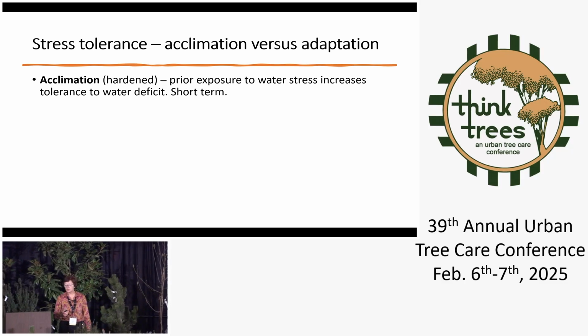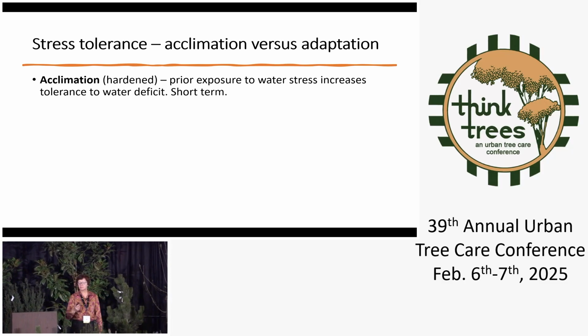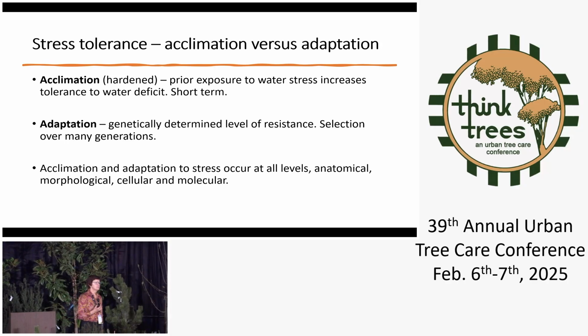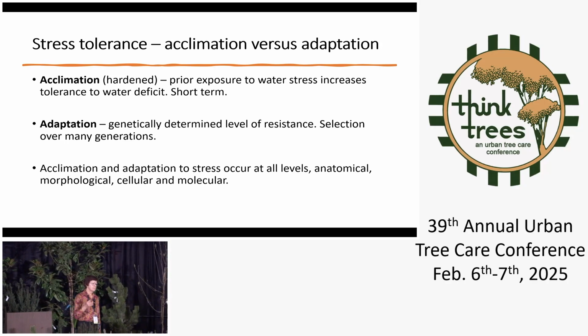So this is a short-term term that we're using to describe that the plant has been acclimated to a particular stress, and that could be heat stress, light stress, or water stress. Now, adaptation is something that happens genetically over many, many generations, thousands of years.